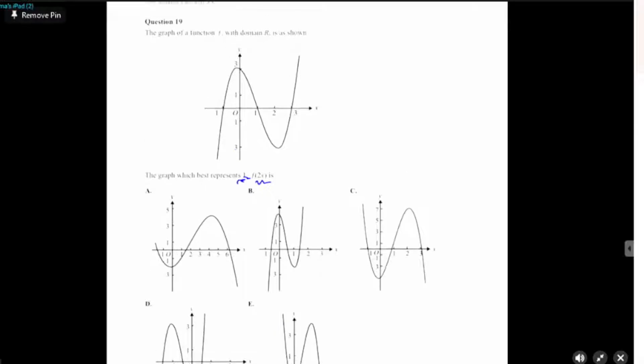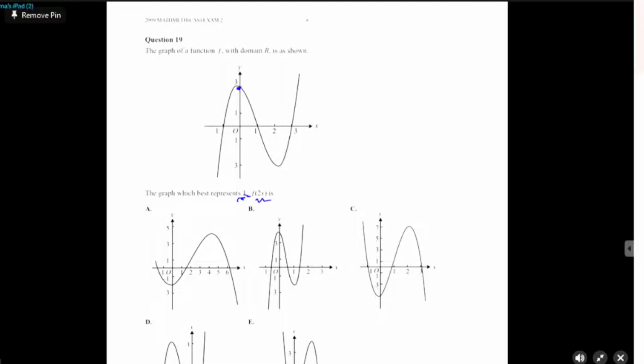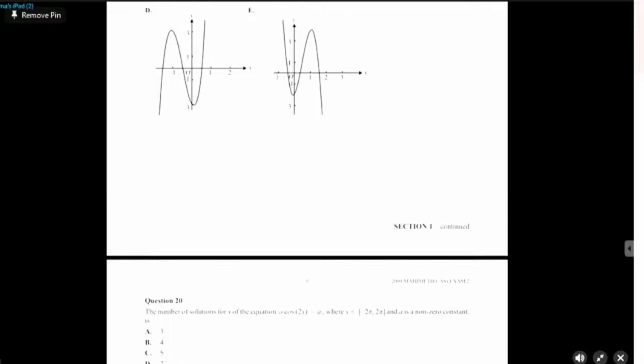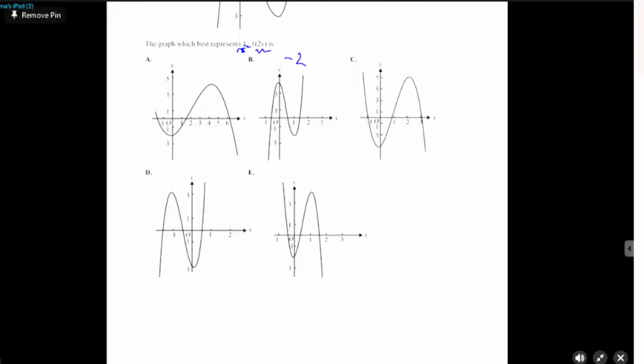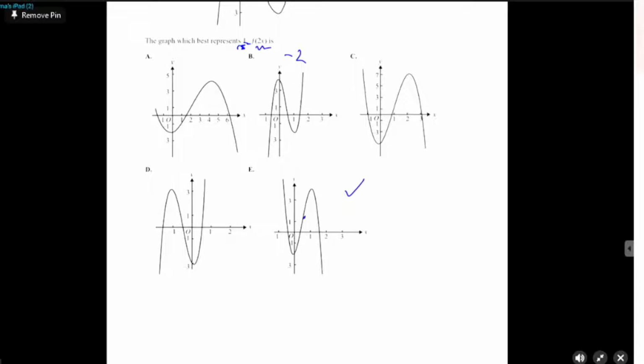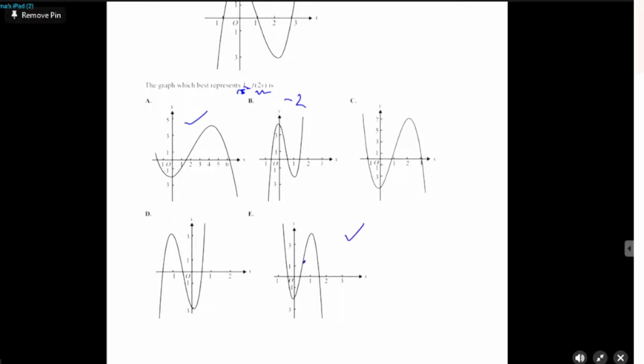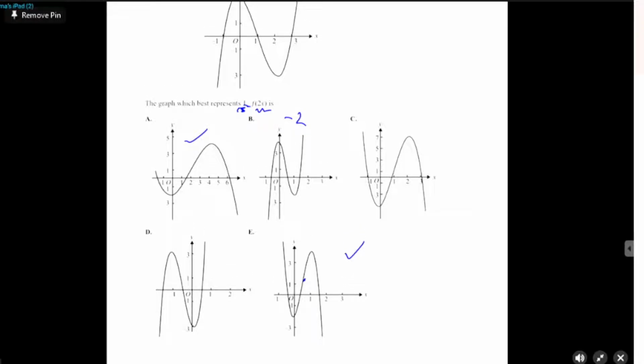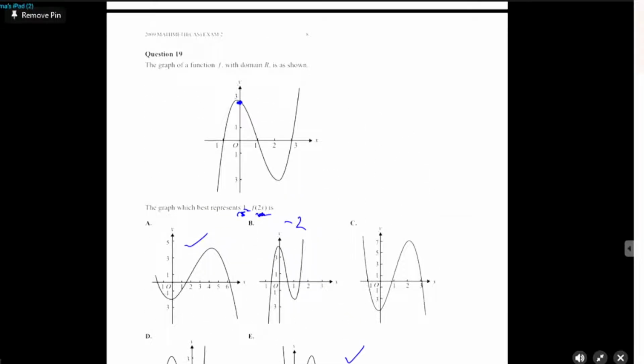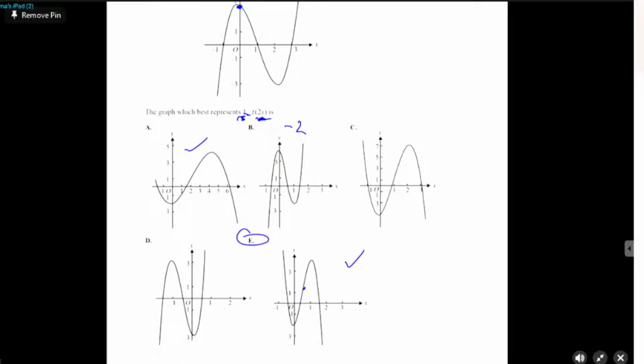So because of that, this y-intercept becomes -3, and then you're adding 1, so that becomes -2. And so if you look at this, the only y-intercepts that work are E or A. But the issue is that, as I said, it becomes less wide because of this 2 dilation, and that's why E is your right answer.